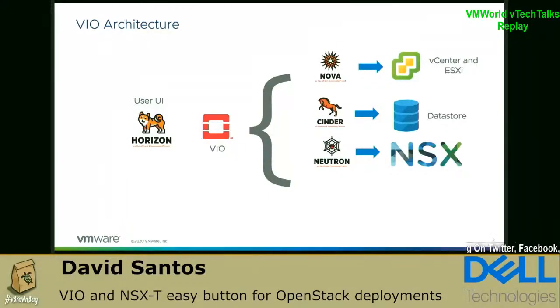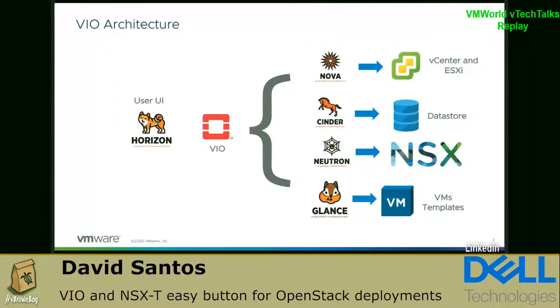Like Nova, NSX has a benefit that it will be the single endpoint to deploy networking, like layer 2 switches, routers, load balancers, and firewalls. We also have Glance. Glance is the image project for OpenStack, and in the case of VMware, Glance will be the VM templates that will be consumed in VIO.